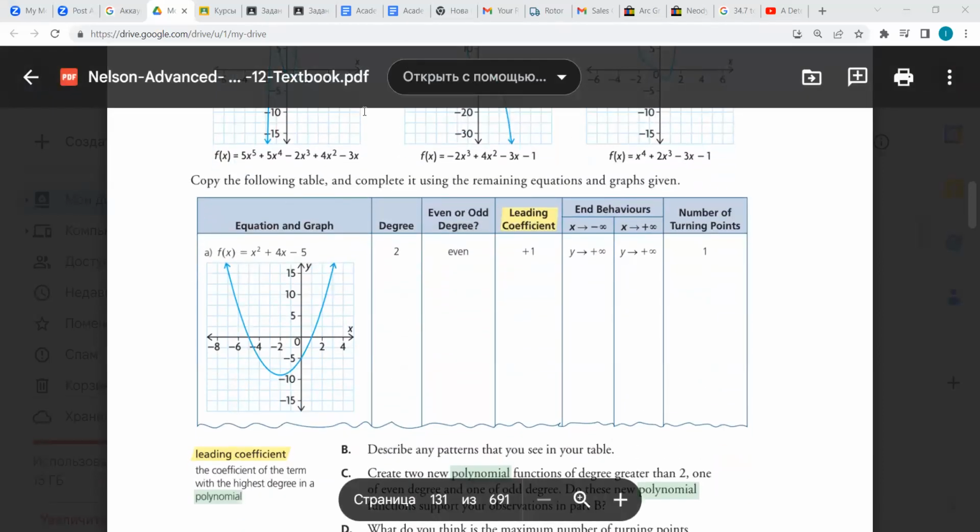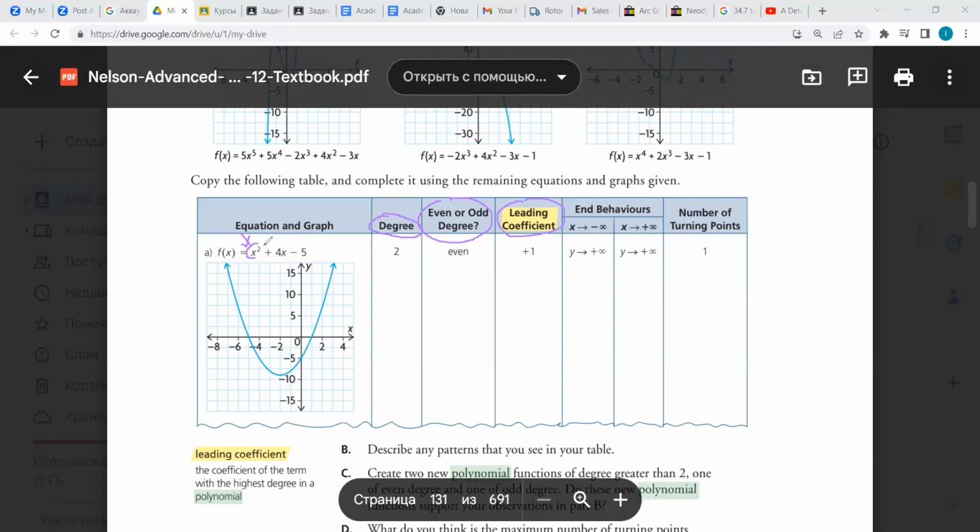Moving on to the description, this is what they show us. Basically, looking at the expression, we can say what degree this function has. We can say whether it's an even or odd degree. We can define the leading coefficient, and the leading coefficient is the constant multiple that is positioned in front of the greatest power of the independent variable.